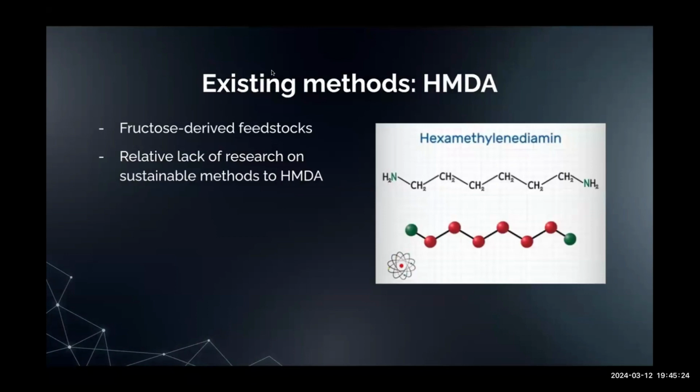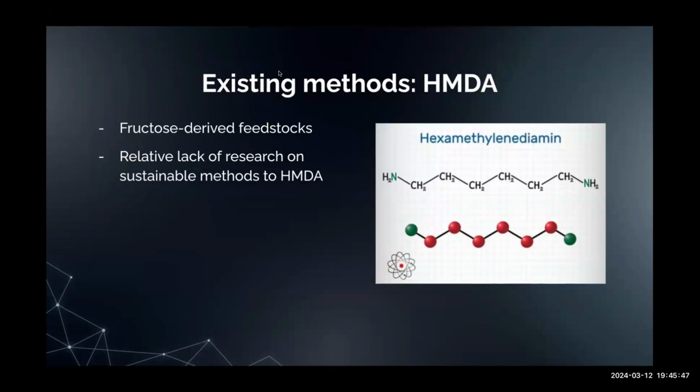So here are existing methods for HMDA. Our current approaches to synthesizing HMDA, which is an important chemical used in the production of nylon and other polymers, all rely on traditional non-renewable feedstocks. There's a growing interest in using fructose-derived feedstocks, which are more sustainable as they originate from biomass.